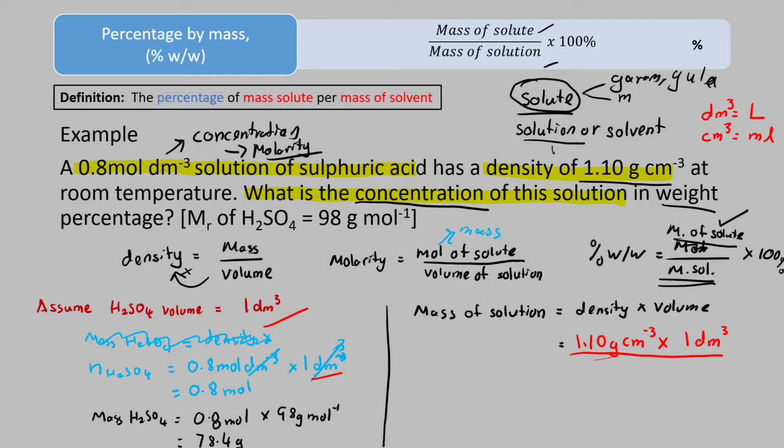Berapa tu? 1,000, right? That's correct, 1,000. So it is 1.10 gram per cm cube times 1,000 cm cube. So you cancel. So you should dapat 1,100 grams. Okay, boleh ke?